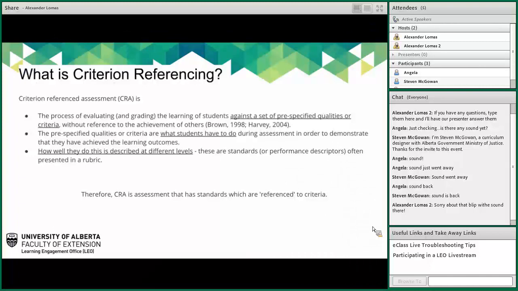That's what criterion referencing is about. It also describes how well they will do at different levels, through the standards or performance descriptors presented in a rubric. So criterion referencing is a set of pre-specified qualities or criteria, what you want the students to do, and how well they will do this, described at different levels.